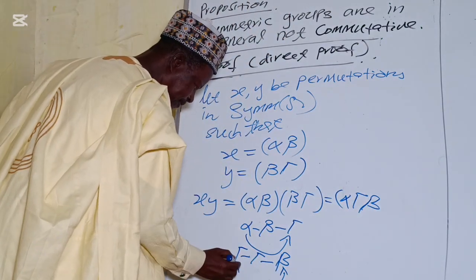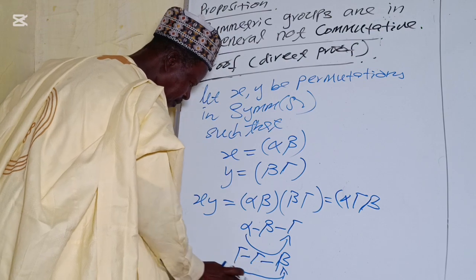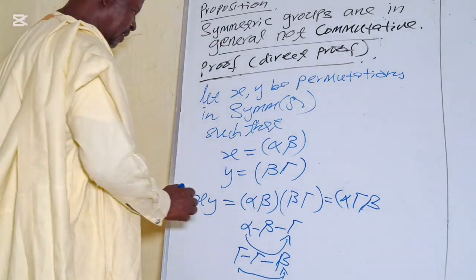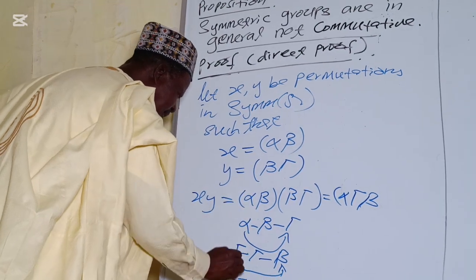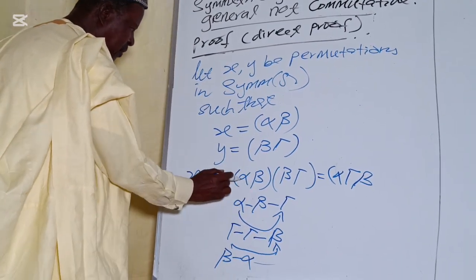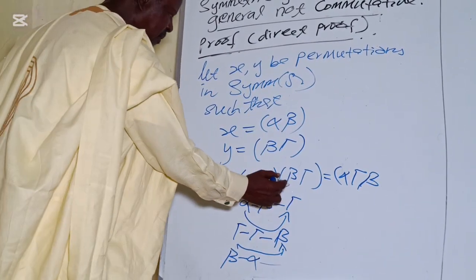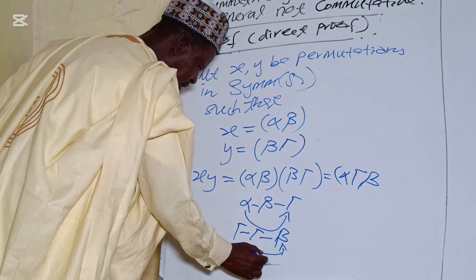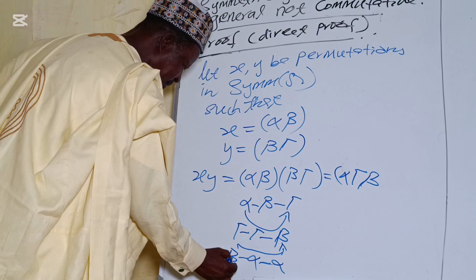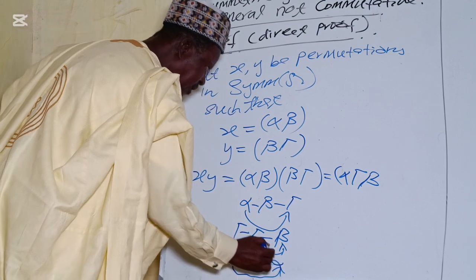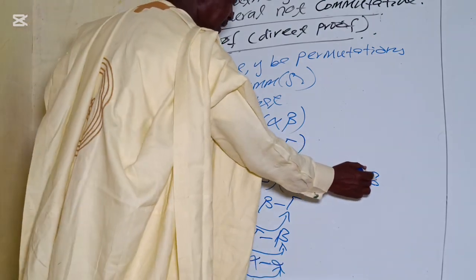What of beta? Beta is mapped onto alpha in the first cycle, but alpha is fixed in the second cycle. So ultimately beta is mapped onto alpha.